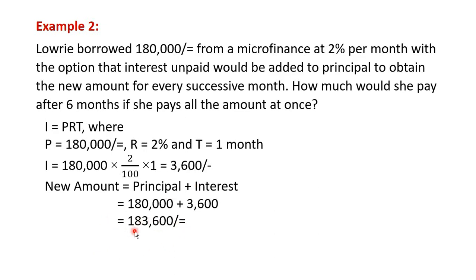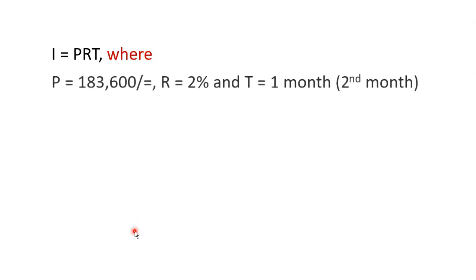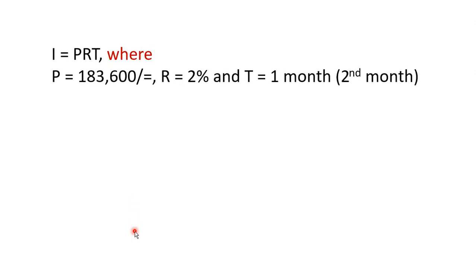And in the second month, the new principal is going to be 183,600 shillings, and then the rate remains the same. The time is going to be 1 month, but we are dealing with the second month now, but the time duration is 1 month. So you just consider one month, one year, like that.